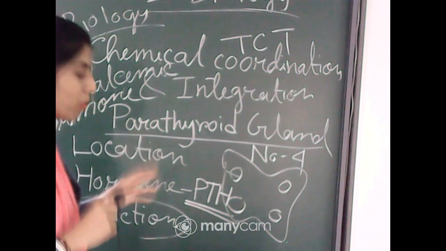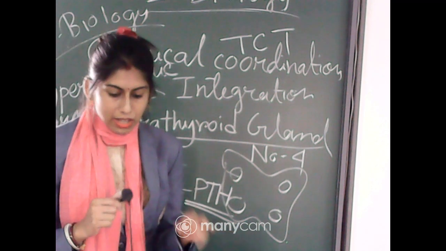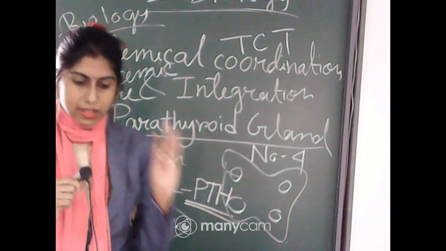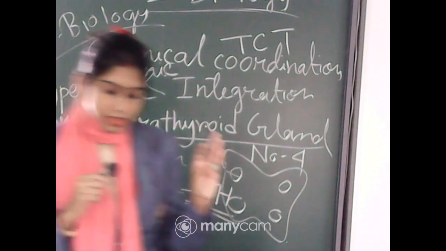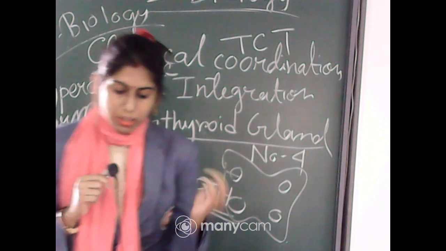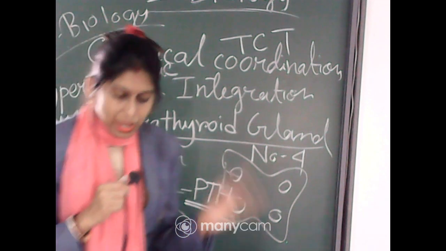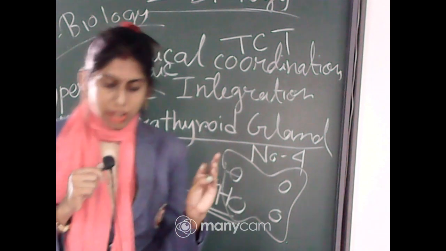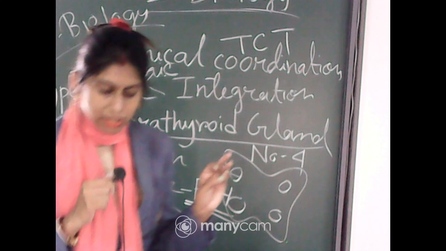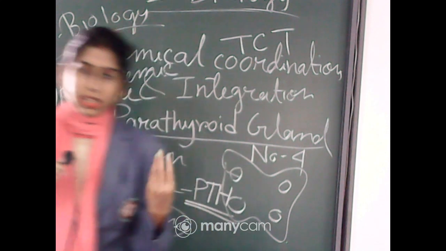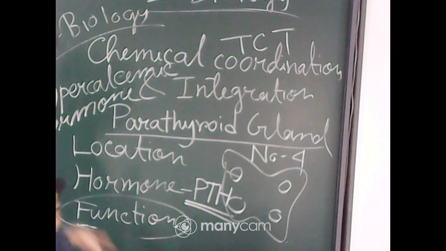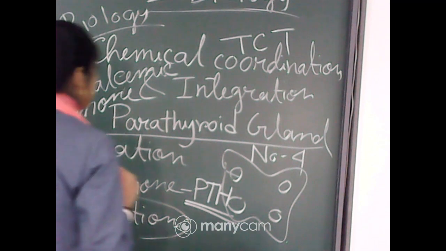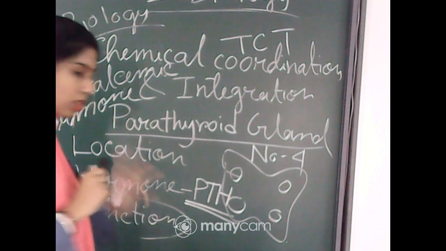What are the main functions of parathyroid hormone? First, it increases the calcium level in the blood. It acts on the bone and stimulates the process of bone resorption. And it also stimulates the reabsorption of calcium by renal tubules and increases Ca2+ absorption from the digested food. So this is all about the parathyroid gland.